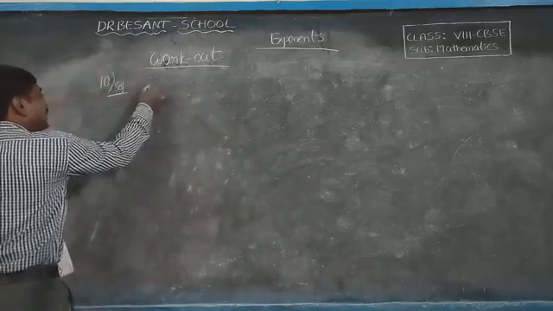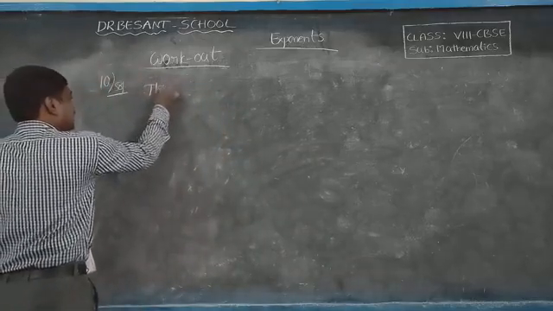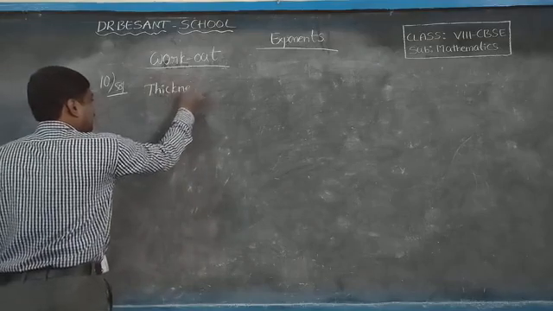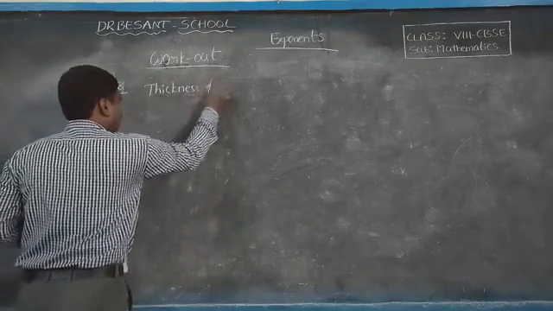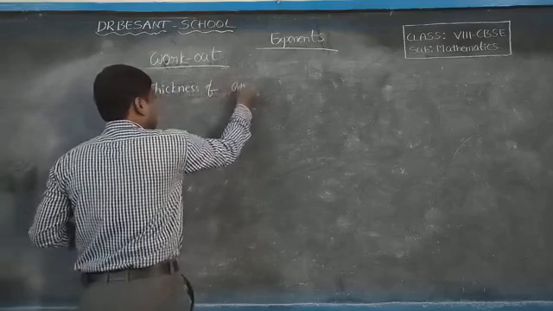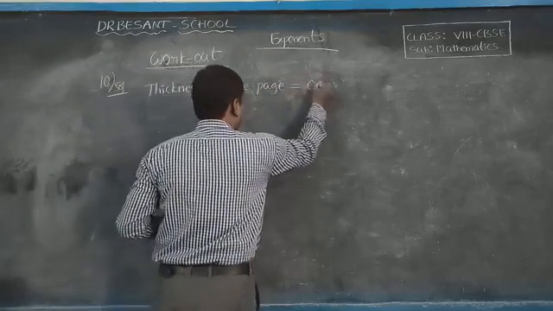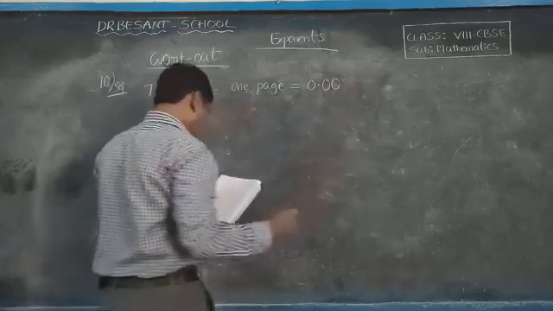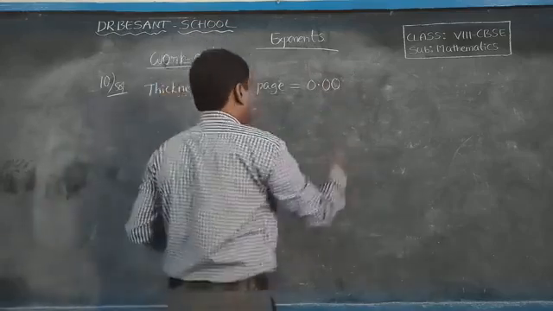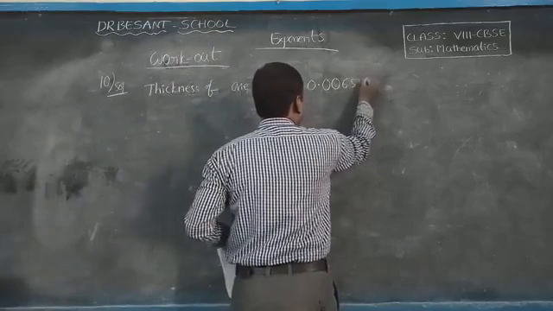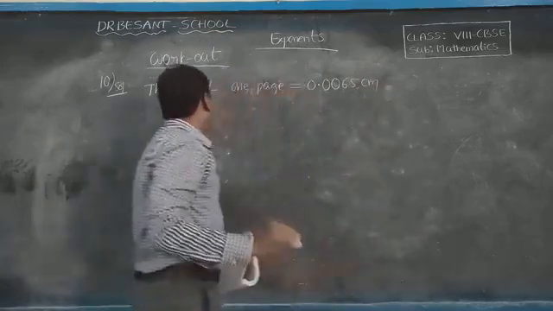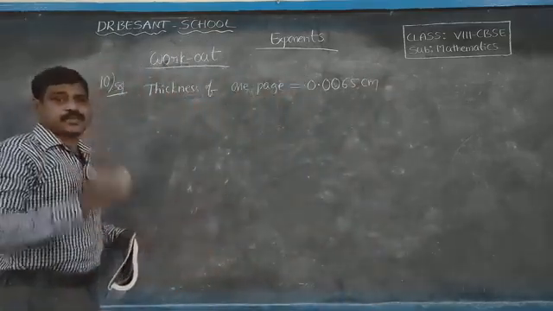So first of all, thickness of one page is equal to 0.0065 centimeter.